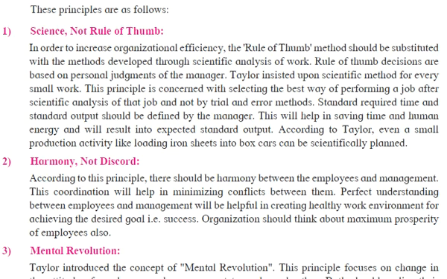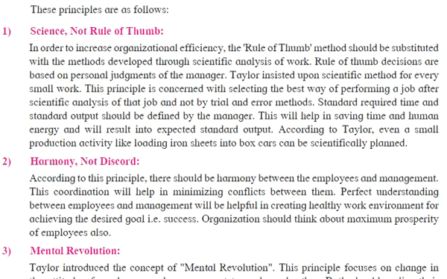According to this principle, there should be harmony between the principal, employees, and management. This coordination will help in minimizing conflicts between them. There should be a good relationship between the employees and the management.